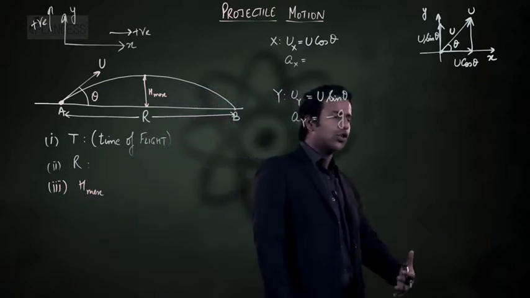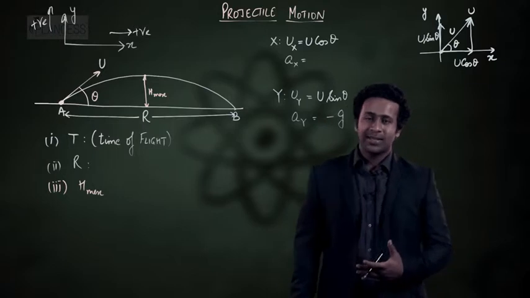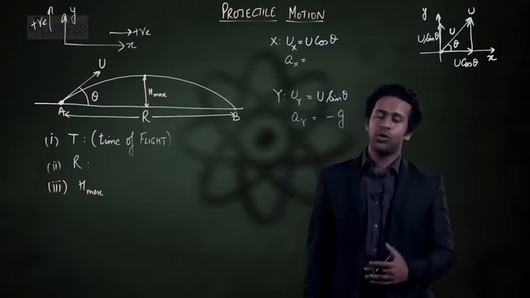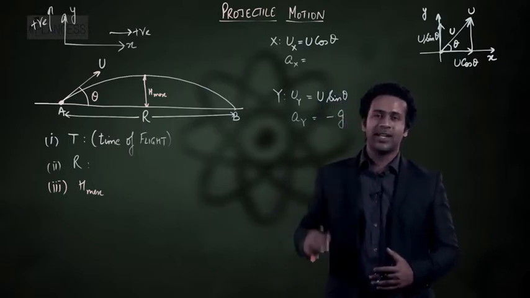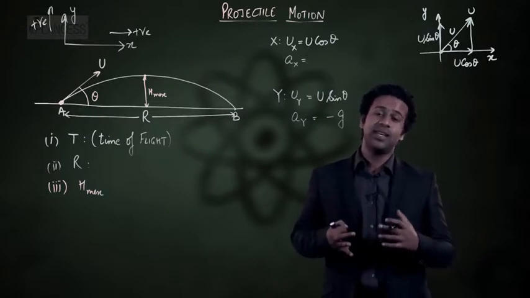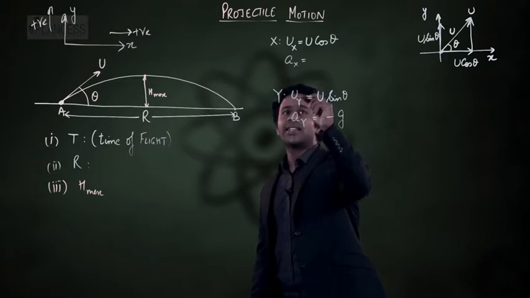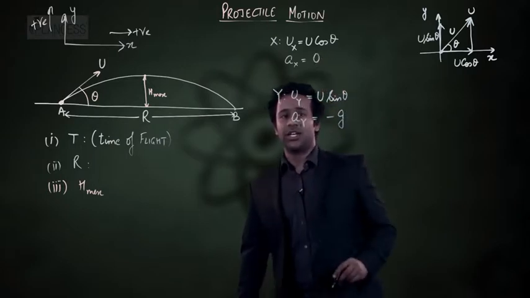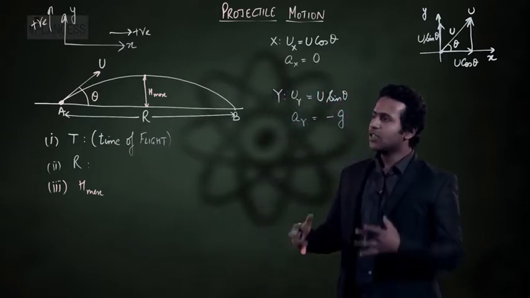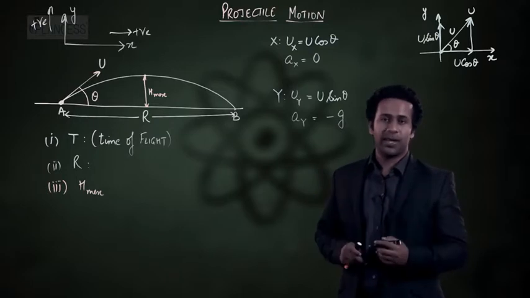Right? Also, we will later be able to argue that since there is no horizontal force, the horizontal acceleration is 0, which means the acceleration along x is 0. So we can say that ax is 0. So this is all the given information.